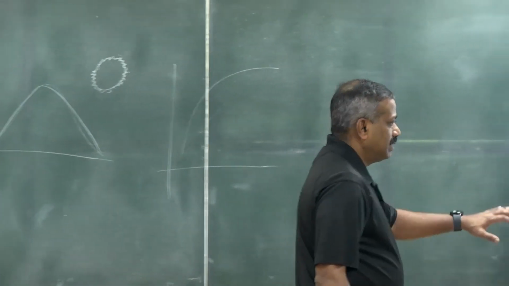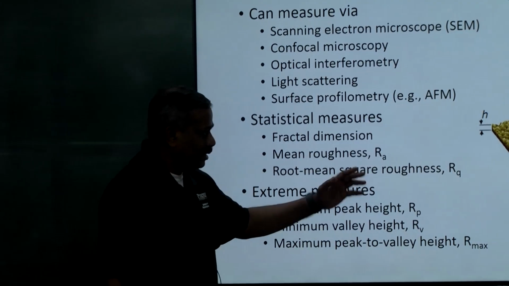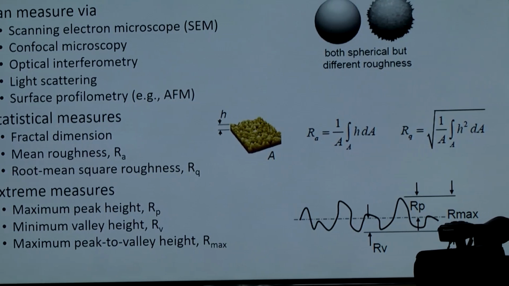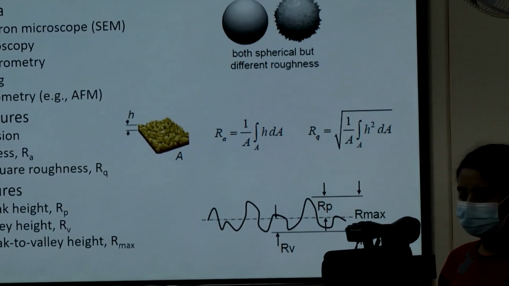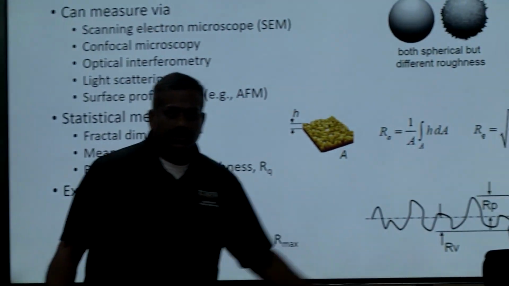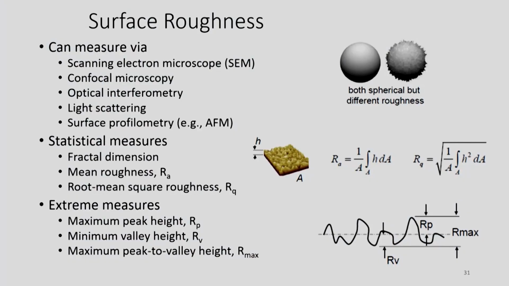So extreme measures, again, maximum peak height, etc. Within those surface roughness measures, you can get the peak heights, valley heights, etc. This will commonly play a role when you are working on, for example, coating of materials or agglomeration of powders. If you are agglomerating milk powders, the peak heights and roughness will define how much binder you need.